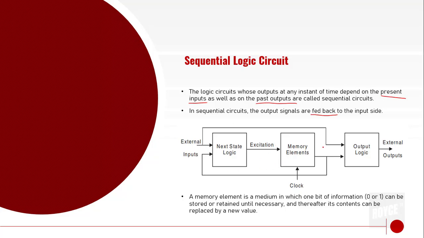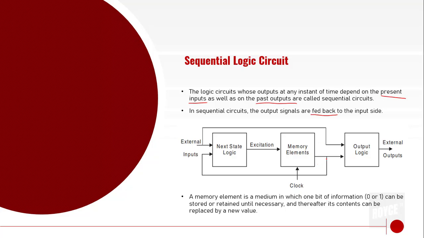Now, this block diagram shows us paano nag-ooperate ang isang sequential logic circuit. So we have our external inputs natin, and then papasok yan sa next state logic circuit natin, and we have our memory elements bago yan magkaroon ng output logic.